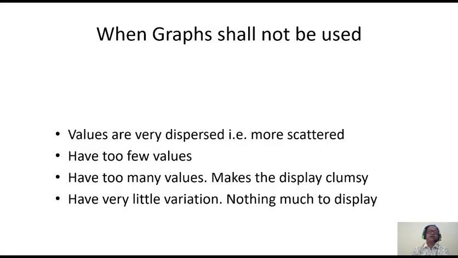Now, if you draw this graph, very good. But what happens if all the people are telling no, or all the people are telling yes, or very few people are telling no, and the rest are telling yes? In that case, if you draw a pie, the pie does not look nice. It looks like a circle of the same color rather. So in such cases, graphs create distorted views.